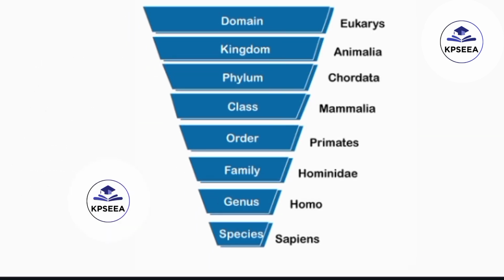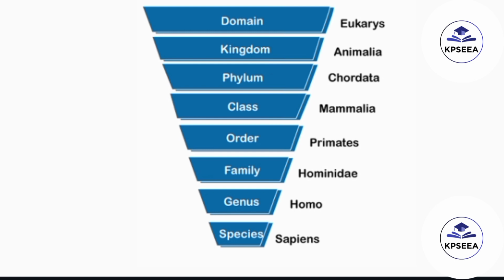Before starting the binomial nomenclature given by Linnaeus, let's discuss taxonomy. Taxonomy is the study of classification. The hierarchy of taxonomy is given below, starting from species. You know that species are organisms that can interbreed among themselves and produce fertile offspring.